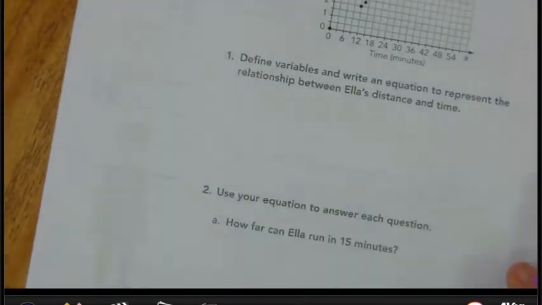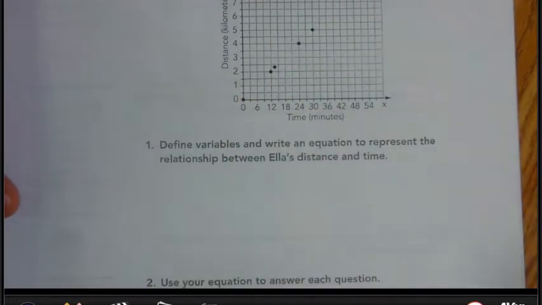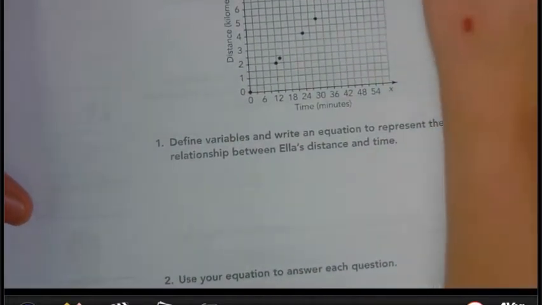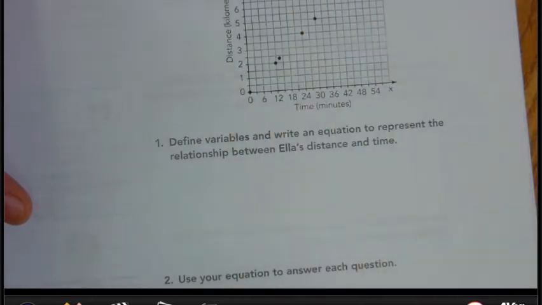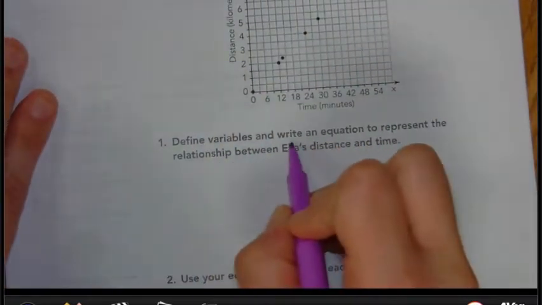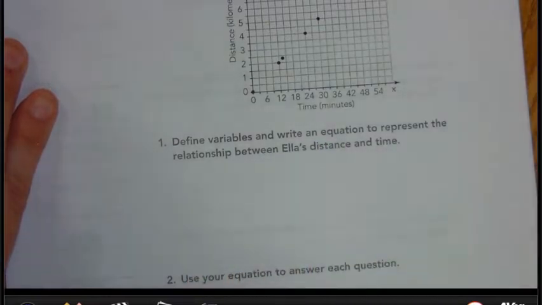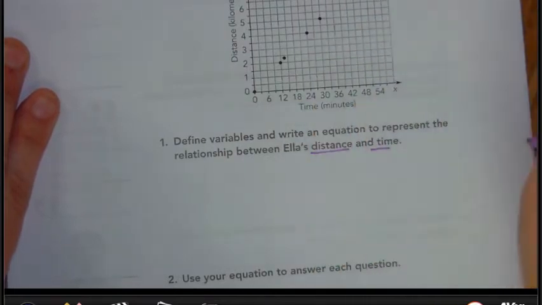All right. Let's get away from some fishies and let's take a look at 3.2. All right, the graph shown displays the relationship of time and distance. So define your variables and write an equation to represent the relationship between Ella's distance and time. Well, let's remember distance and time.